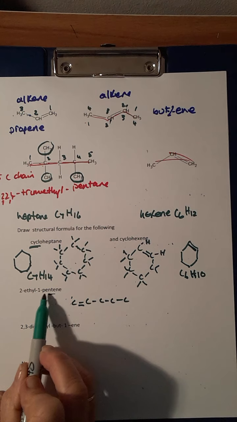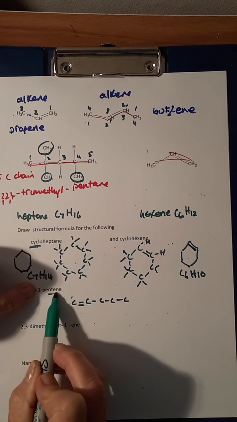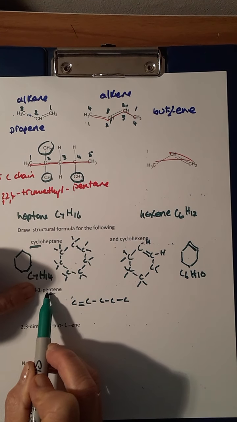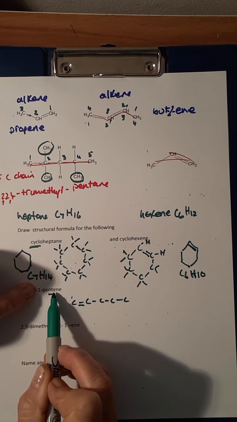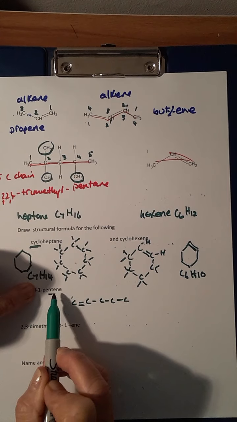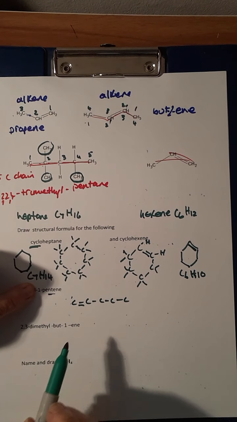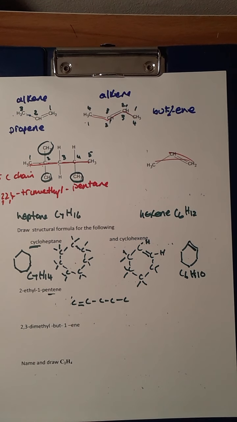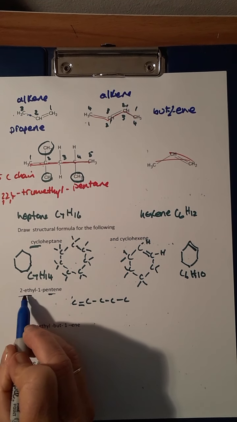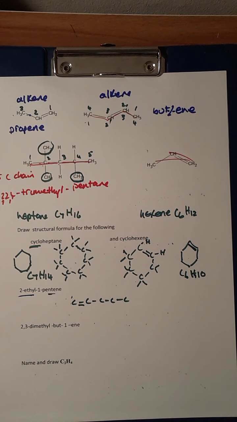Sometimes you see this written as 1-pentene, which means the double bond is on carbon number 1. Or sometimes you see it written as pent-1-ene, which means the double bond is on carbon number 1. Either one will do. On carbon number 2, there is a substituent group. So this 2-ethyl indicates a substituent.